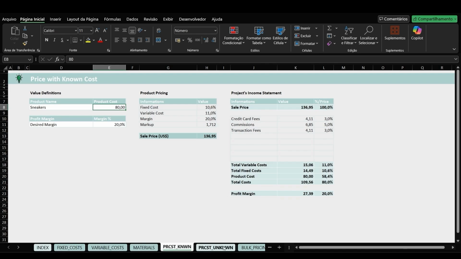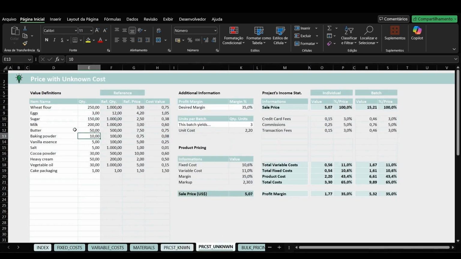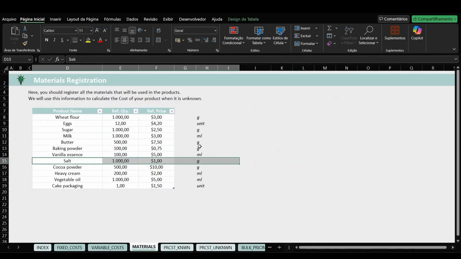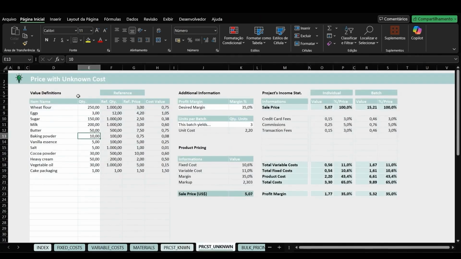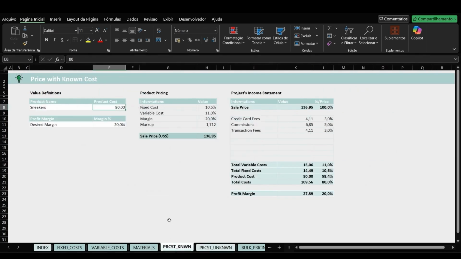So, in this case, you would need to switch over to the spreadsheet and register all the materials you would use beforehand, and the quantity of each of these materials that will be in your product is included in the sales price, in the same way. But in this case, we're going to use the concept of reselling items to make it a bit easier to understand. And in this case, our example will be sneakers.